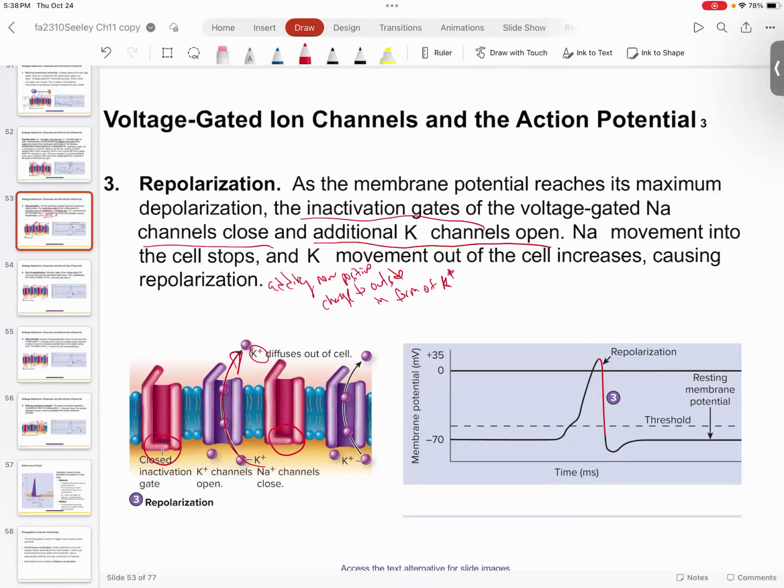Because remember, the sodium flooded inward, so the sodium is no longer able to maintain positivity outside the cell. So when you open up the potassium gates, the potassium rushes out, and that reestablishes a positivishness on the outside. There's that word again. And so that basically repolarizes that. And that's basically a repolarization event.